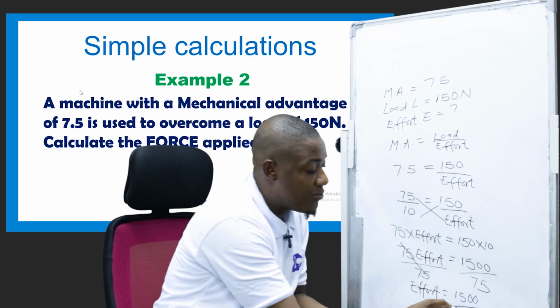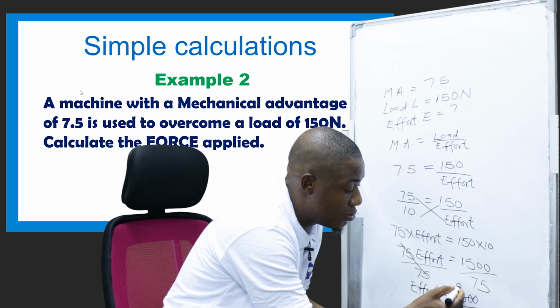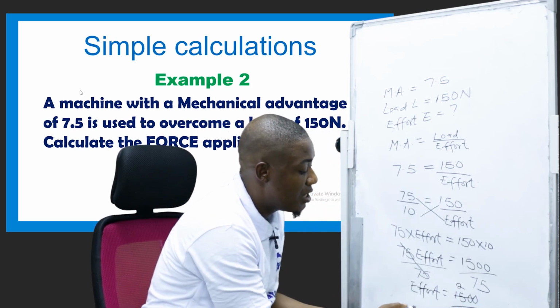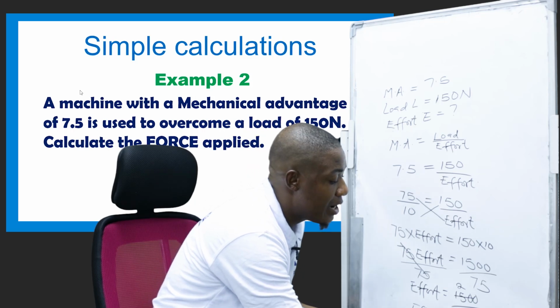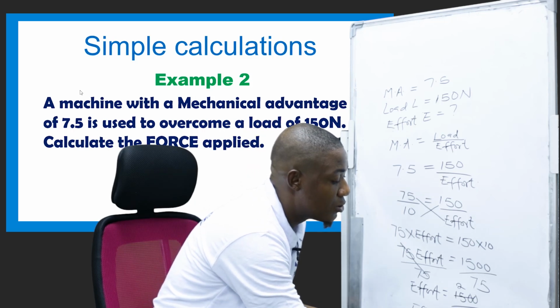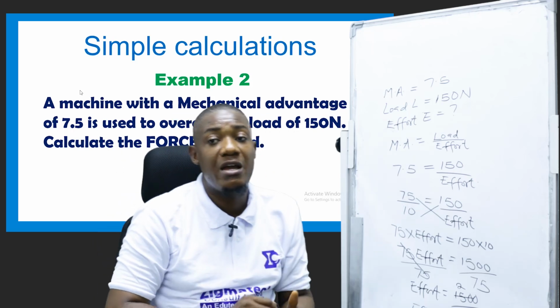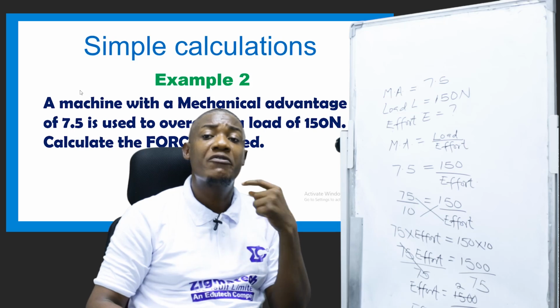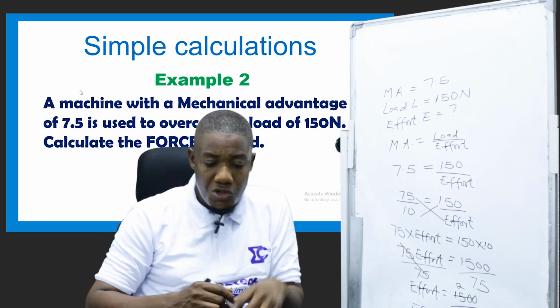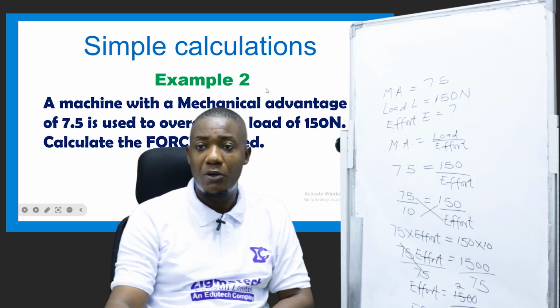Just take this 0. So the effort, therefore, is equal to 20 newtons. Remember that effort is actually a force. So the unit of effort is Newton. Please take note of that. Very, very important.